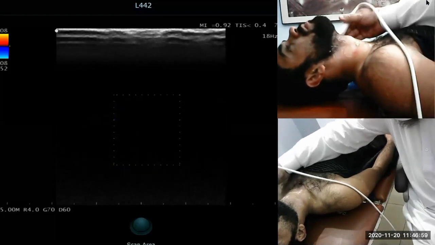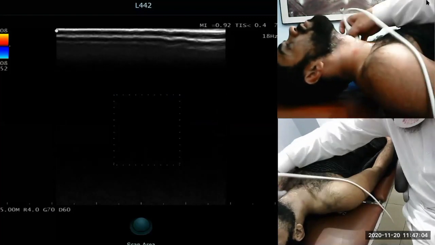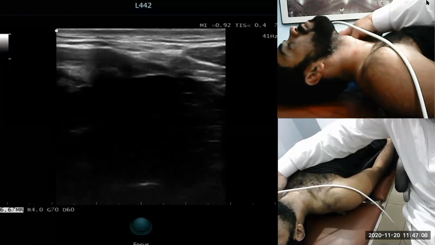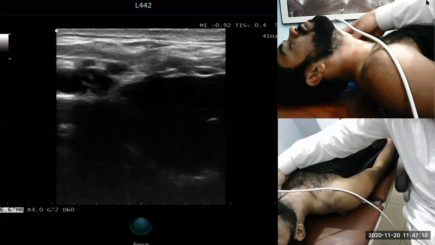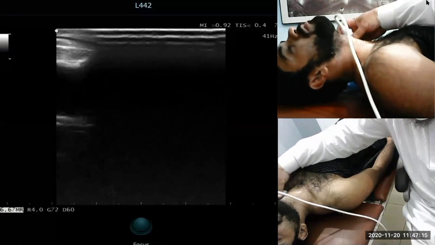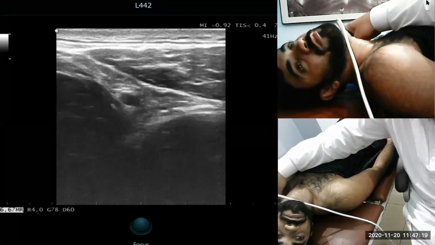It is always important for us to see the left supraclavicular region for any lymph nodes or so.